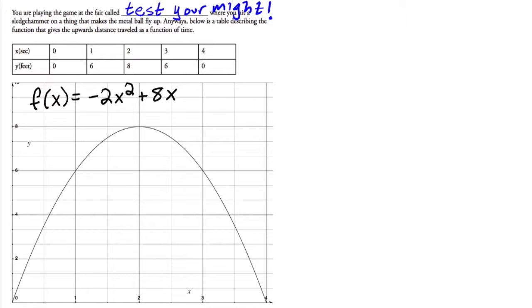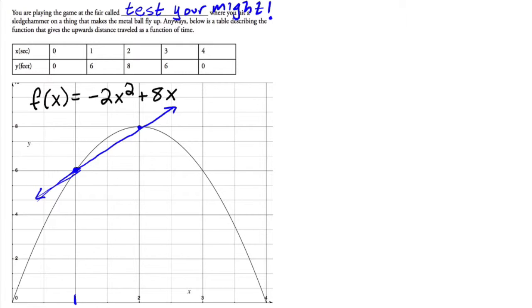So before, what we've done so far is we've found the average rate of change, for example, between 1 and 2. And we said that the line formed by those two points is called the secant line.